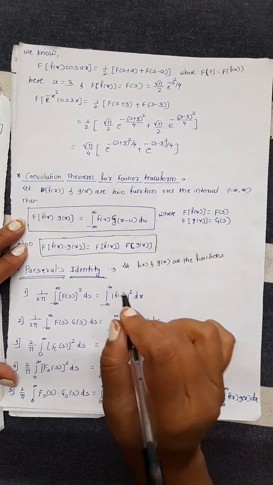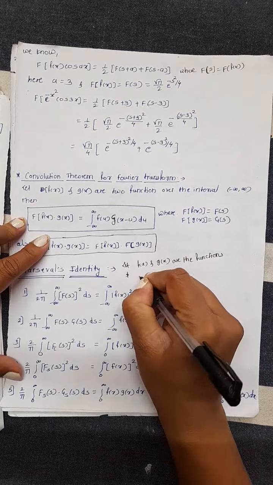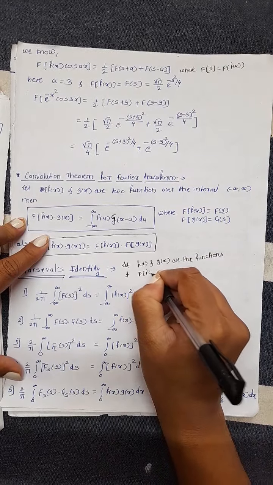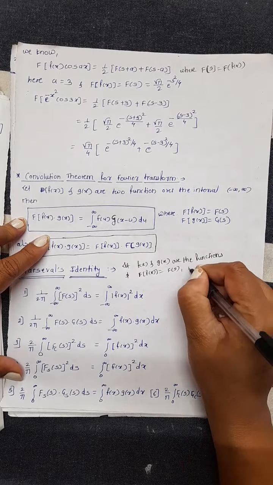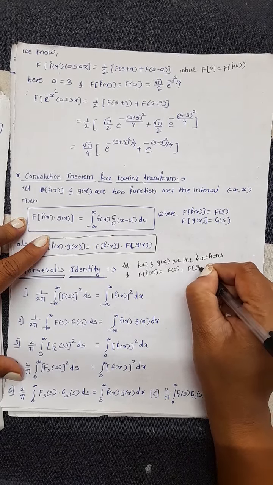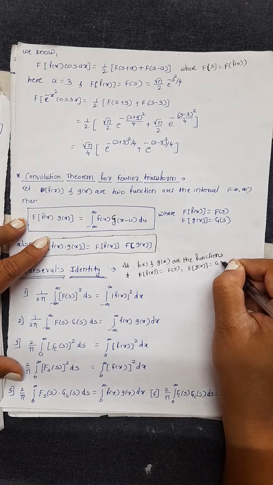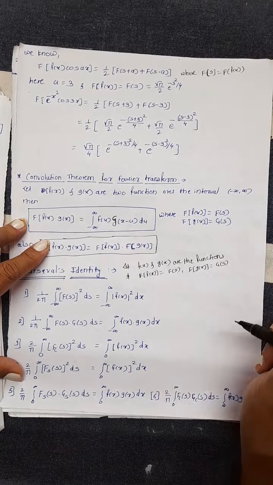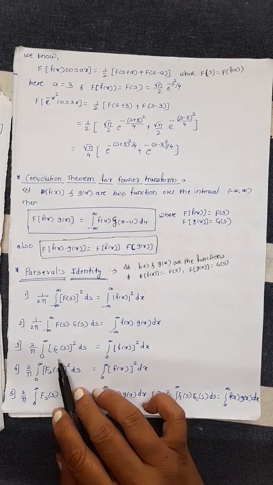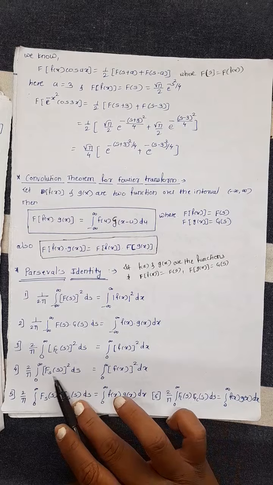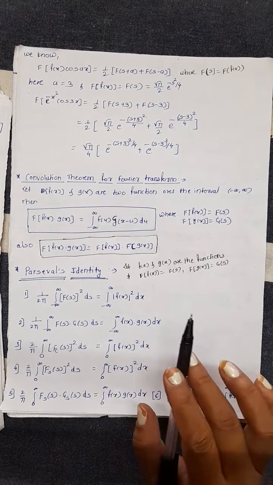These are some regular nomenclature or notations such that the Fourier transform of f(x) is F(s). Okay, the Fourier transform of g(x) is G(s). Okay, these are the notations, and the suffix c means Fourier cosine transform, suffix s means Fourier sine transform. These notations we already know.